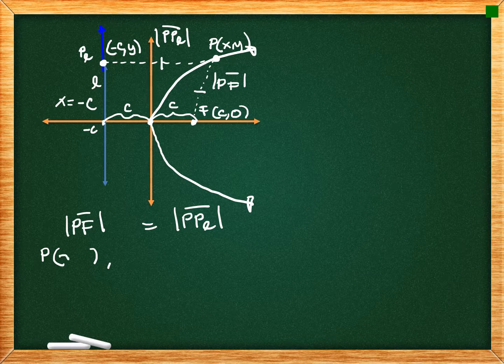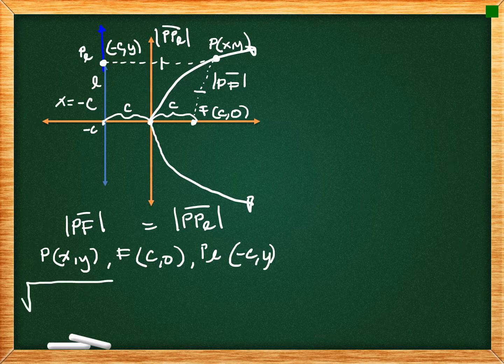So for P, we have (x, y). For F, we have the coordinates (c, 0). And for P sub L, the coordinates are (negative c, y). And so using the distance formula, we can have now this one squared plus this one squared.